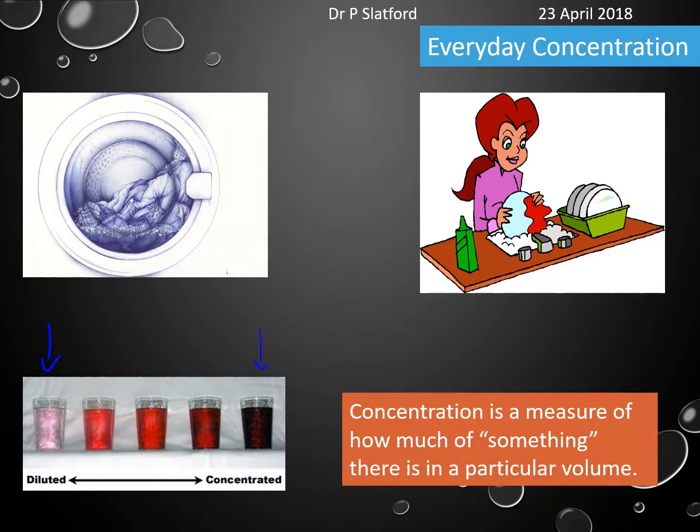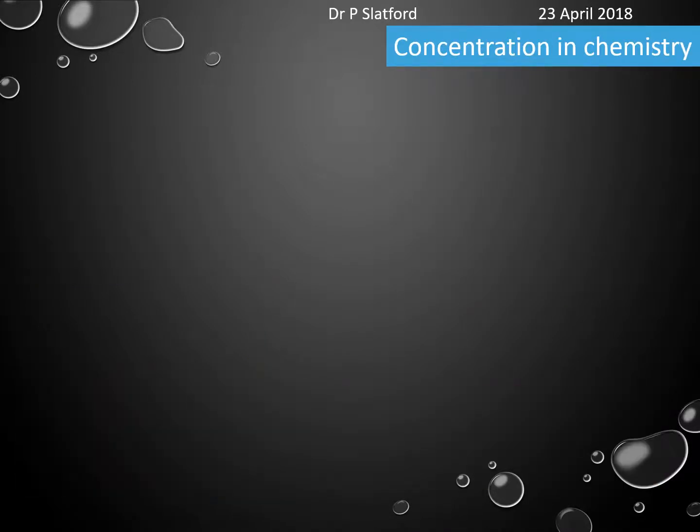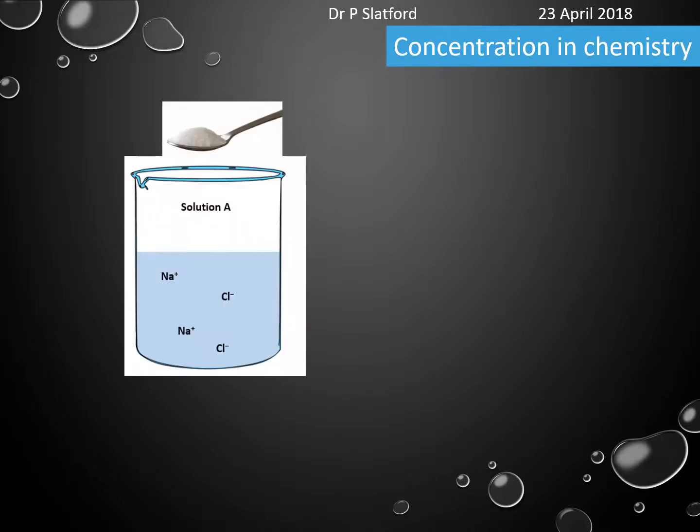Concentration really is just a measure of how much of something there is in a particular volume. When we talk about concentration in chemistry, I might take a beaker of water and add a teaspoon of salt, and then I get some ions: sodium ions and chloride ions.